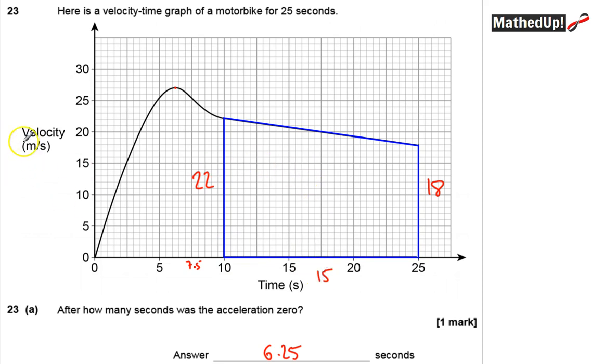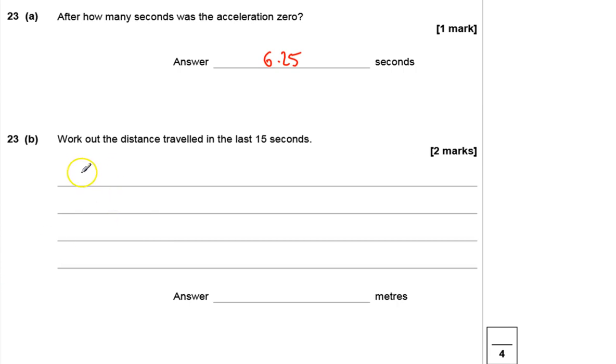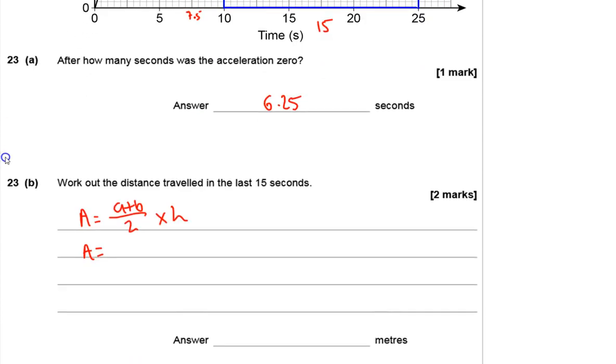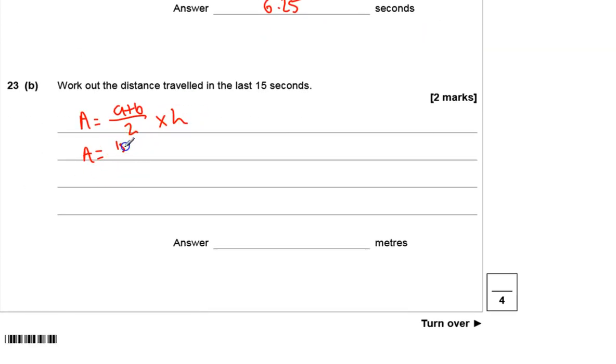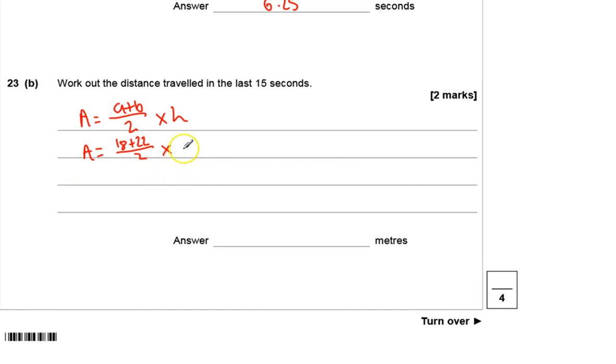So we know that to work out the area of a trapezium, it's A plus B divided by 2 times the height. So our area is going to be A plus B, the two parallel sides, so that's 18 plus 22, divided by 2 times the height. That's the distance between the parallel sides, which in this case is 15.